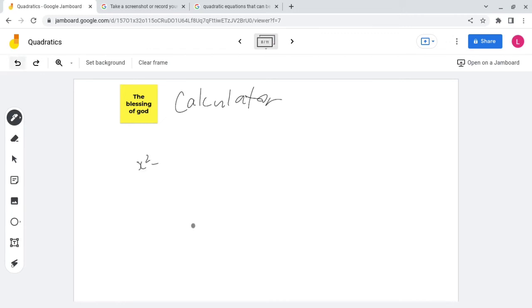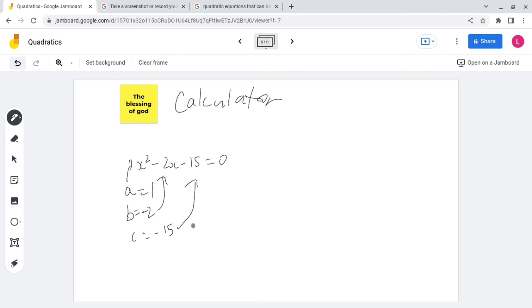So we go back to the equation x squared minus 2x minus 15 equals 0, right? So if we go to this equation, we key in a equals 1 because it's 1x squared, b equals -2 because it's -2x, c equals negative 15 because it's negative 15, right?